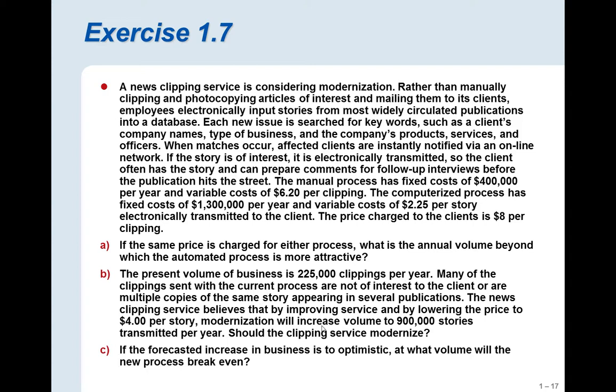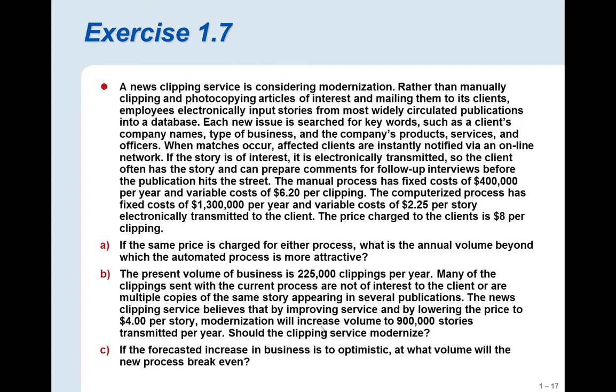On the other hand, the variable cost will decrease from 6.2 to $2.5. So the question asks, at what point will the modernized system be more attractive?